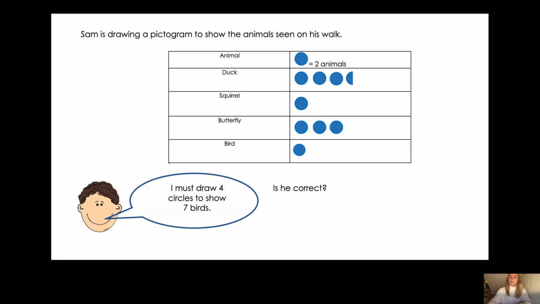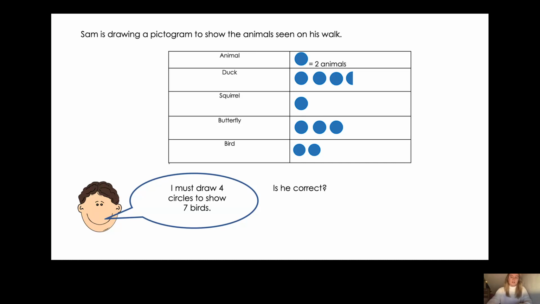And what if we add another circle? How many birds does that represent now? Yes, you're right. That represents 4 birds, because each circle represents 2 birds. So we've got 2, 4. Now, could you carry on the pictogram for me and find out if he has to use 4 circles to show 7 birds? Okay, Yetu, so let's carry on.